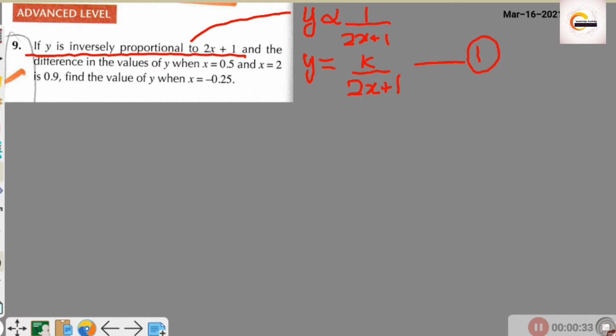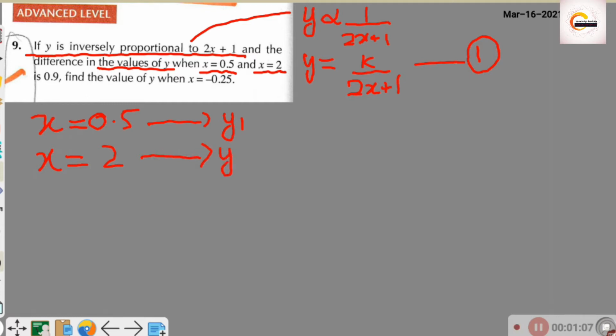And further, the difference in the value of y when x is equal to 0.5 and x is equal to 2. So, this means that when x is equal to 0.5, obviously if the x variable is given, it must have some corresponding y variable. Let's call it y1, and the x variable whose value is 2 must have a y variable.